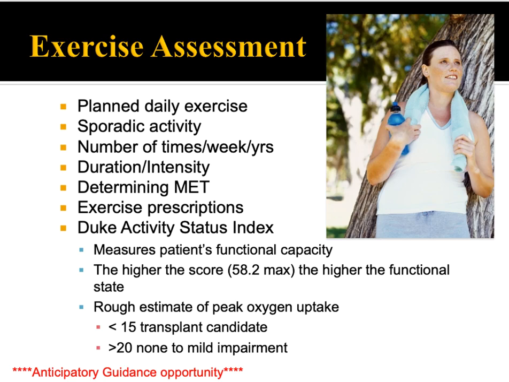It's the peak oxygen uptake, and so the lower that is, that means the lower their functional capacity, and actually scores of less than 15 are transplant candidates, and greater than 20 shows little to no impairment in functional capacity. So that's how you'll record it. It's because it's measuring functional capacity.